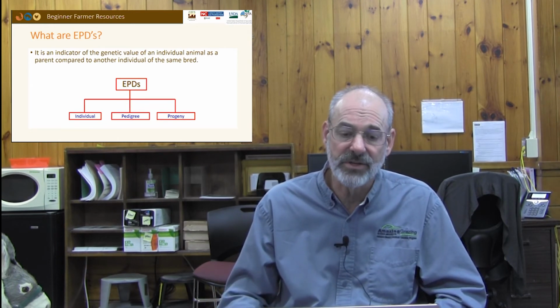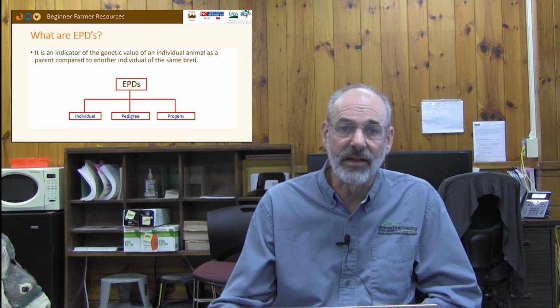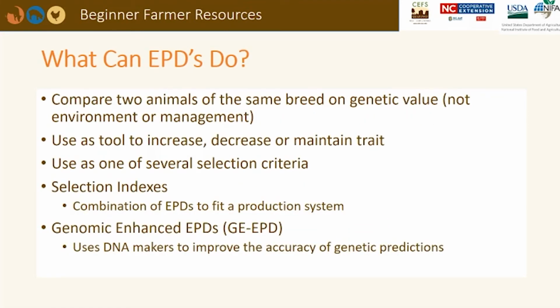All of that information goes into that bull's makeup, because you can't tell everything from an individual's performance. And so these EPDs allow you to make some decisions without regard to the environment that individual animal was raised in.